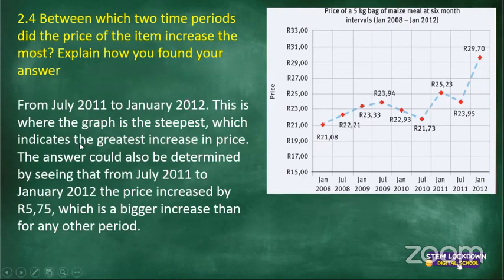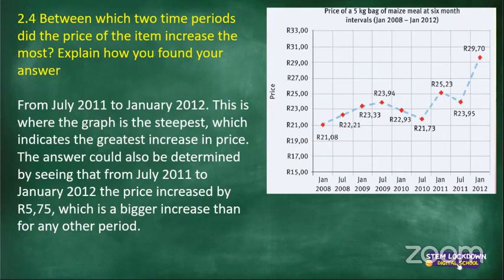This is where the graph is the steepest. That's how you would explain how you found your answer. You'd say this is where the graph is the steepest, which indicates the greatest increase in price. The answer could also be determined by seeing that from July 2011 to January 2012, the price increased by 5 rand 75, which is a bigger increase than for any other period.